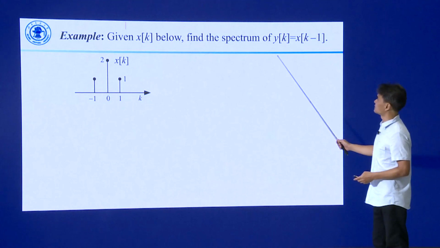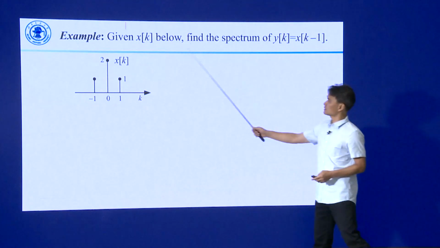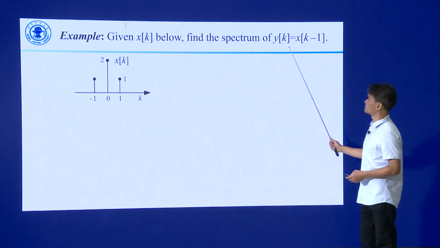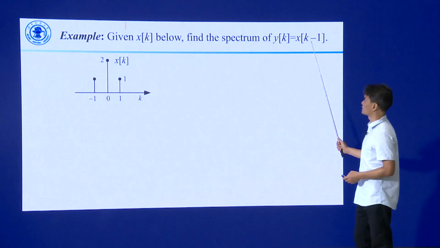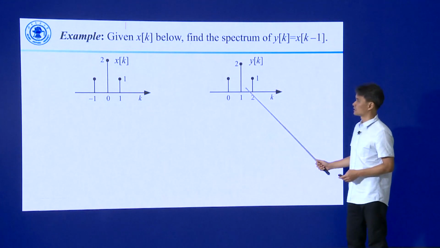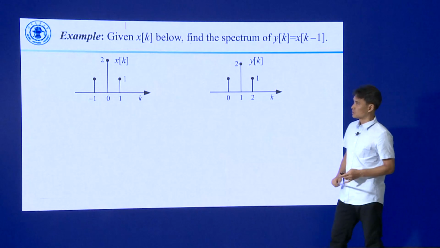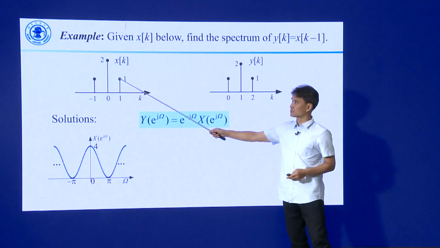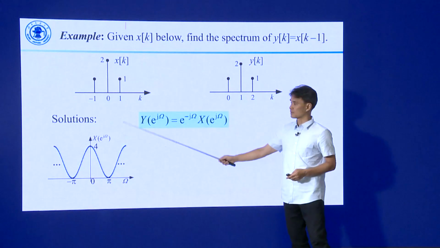Here is one example. If we have a signal x of k shown in here, what is the spectrum for y of k, which is the time shift of x of k? So here is the time shift version. Without going through the details, we can figure out the spectrum for x of k. It looks like this.